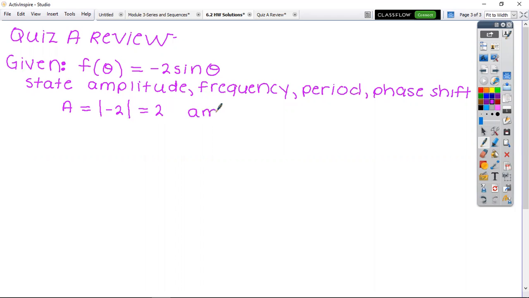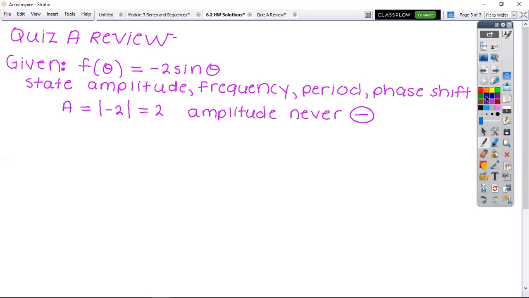Amplitude is never negative. So amplitude never negative. Again, a lot of you have been in and out, so I just want to do a nice thorough review, try to get everyone up to speed and make sure we're comfortable with all those vocab terms.